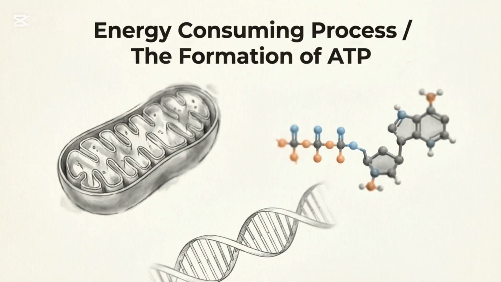Now in the second part, we will discuss where the energy comes from to form ATP. Because if we use or break down ATP continuously, ATP will run short, so we have to replenish the ATP.